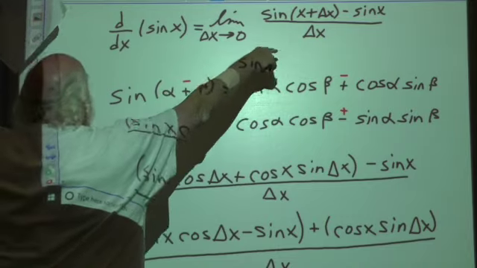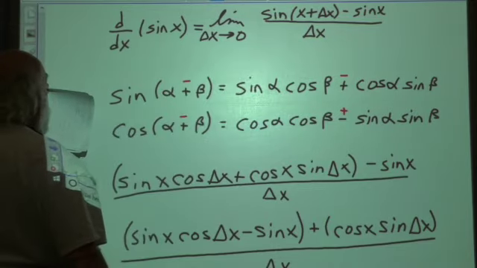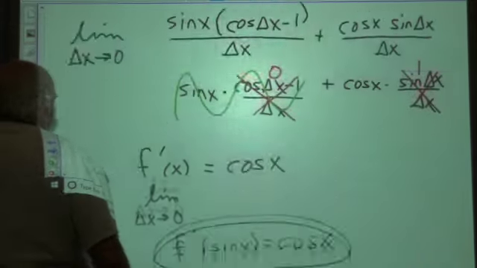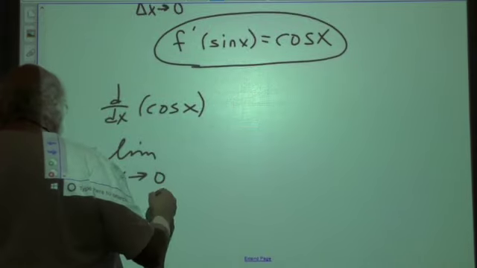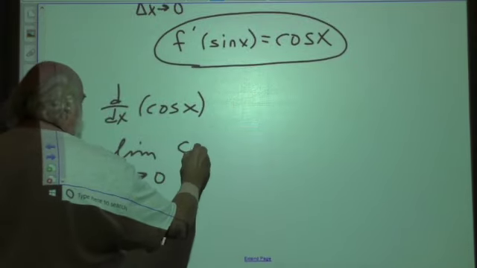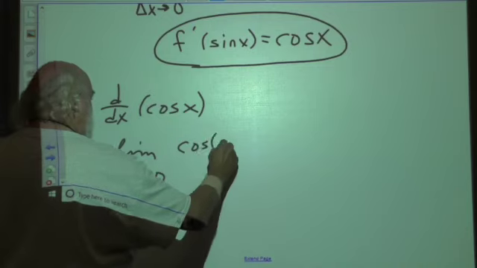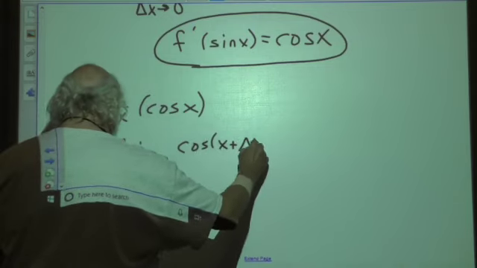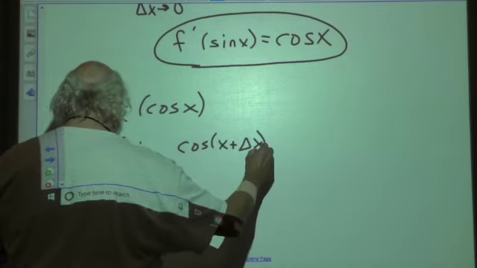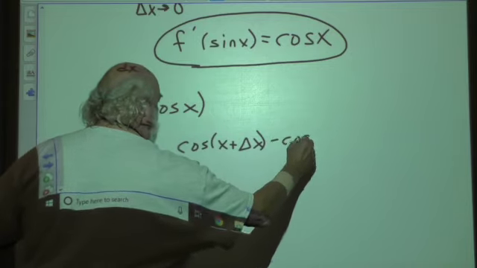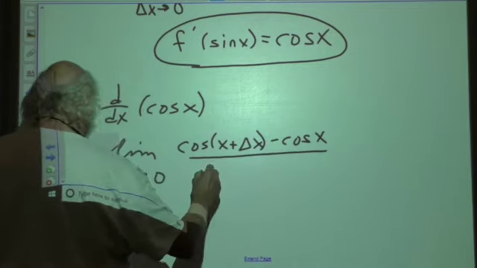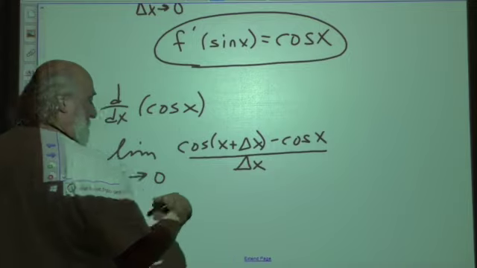We replace the sine with cosine, so this is going to be equal to cosine of x plus delta x minus cosine x, all over delta x, by that definition.